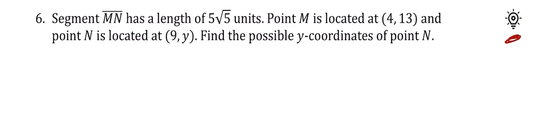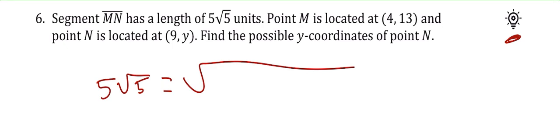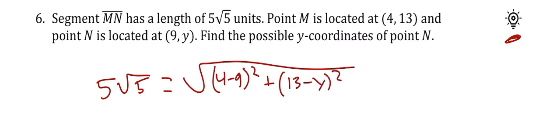So we had 5 root 5 equals the square root of (4 minus 9) squared plus (13 minus y) squared. And let's see if we can solve for y.